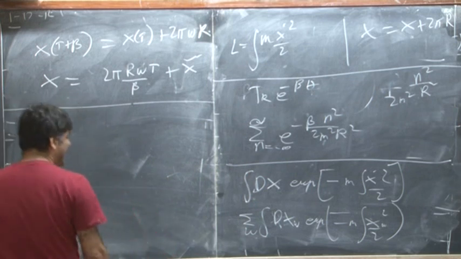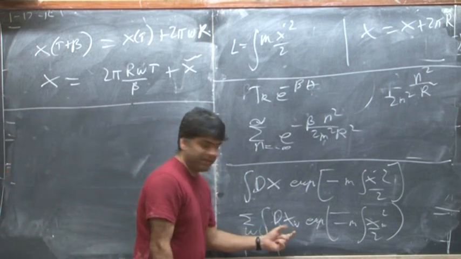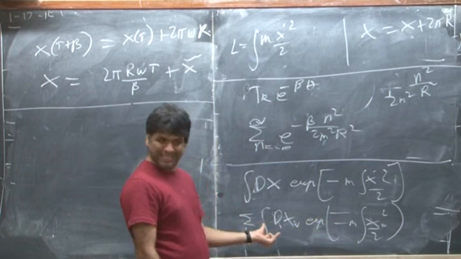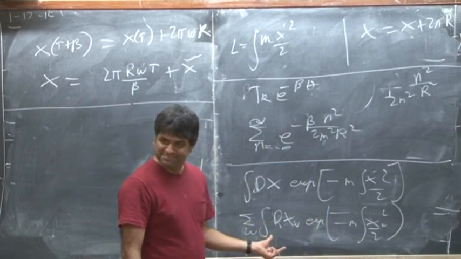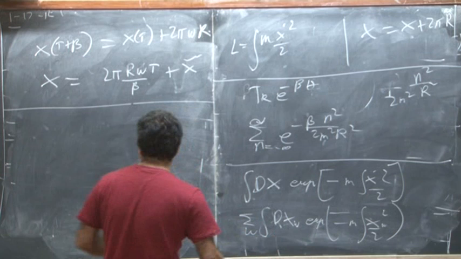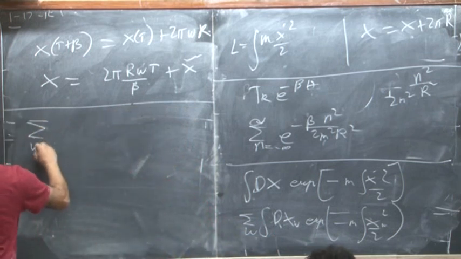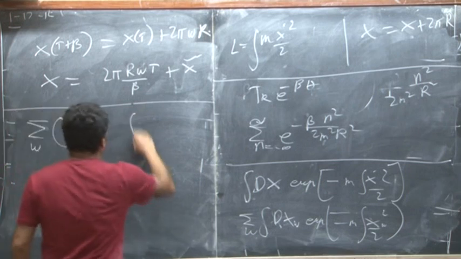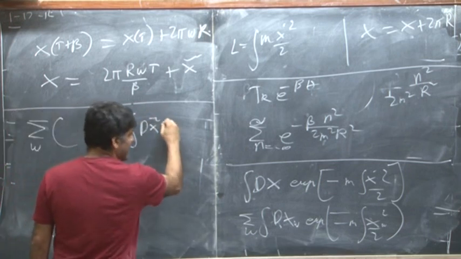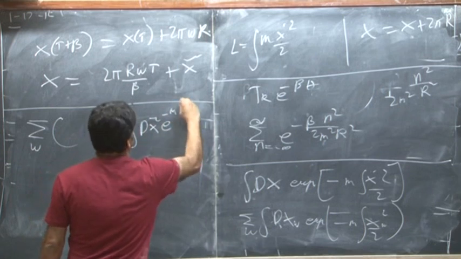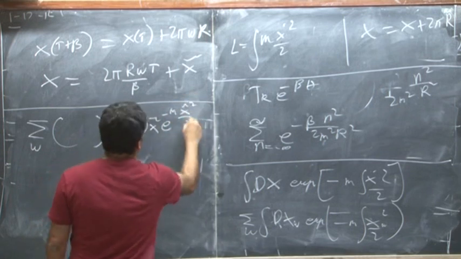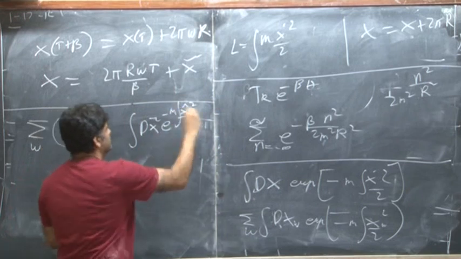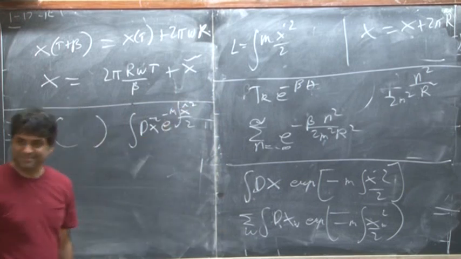So, each of these things, the fluctuation path integral is the same. Is that clear? So what we get is sum over W times something times dx tilde e to the power minus m x tilde squared by 2. Well, this has normal boundary conditions.